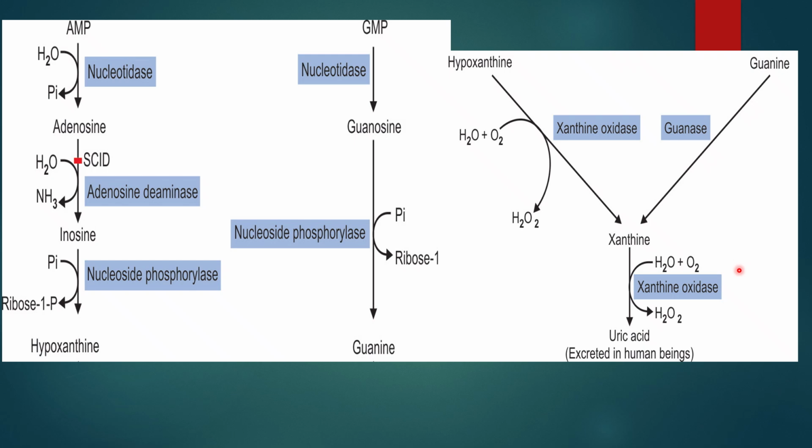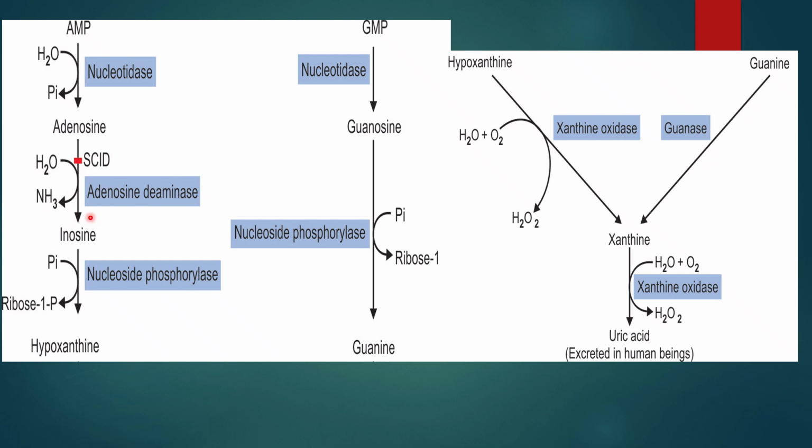So we can make use of allopurinol in order to decrease the concentration of uric acid in patients suffering from gout, and in patients suffering from Lesch-Nyhan disease, because a secondary manifestation in these diseases is an increased level of uric acid, right?